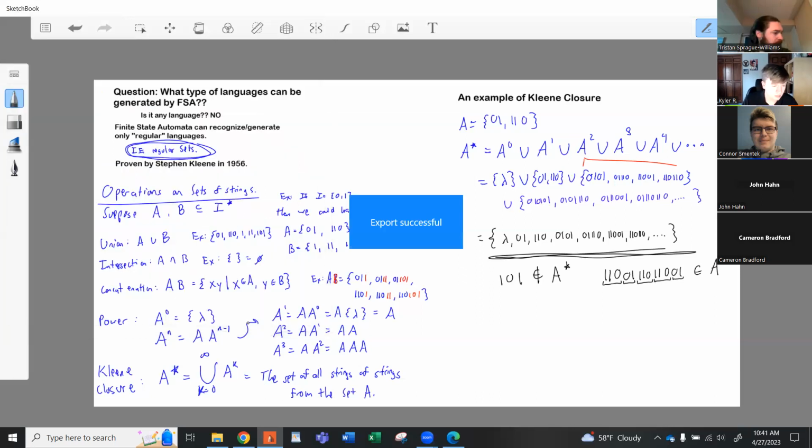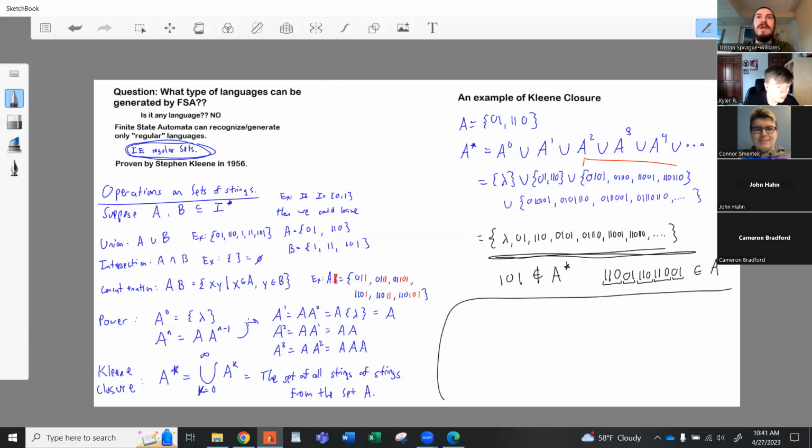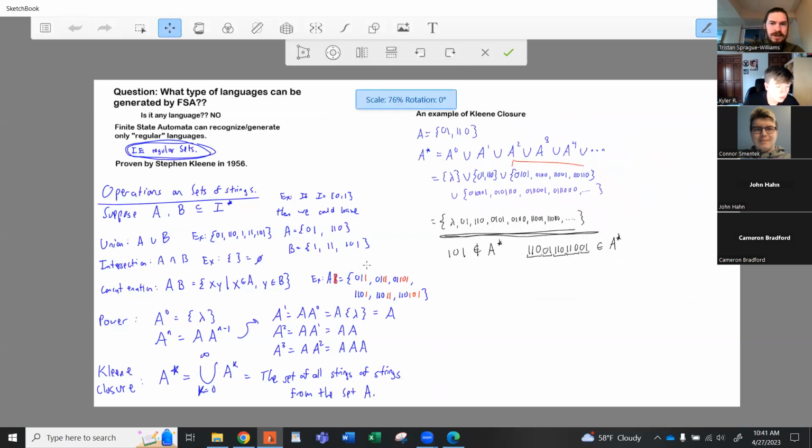So now we can define what a regular set really is. For that, we'll use what are called regular expressions.